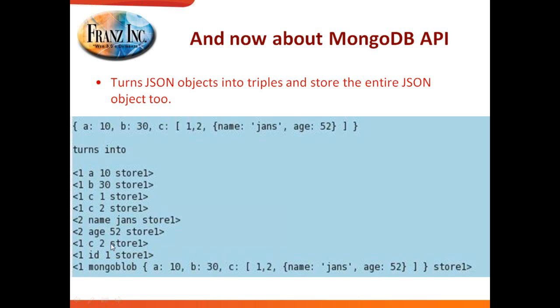But for fast retrieval, if you just want to say, give me all the objects where A is 10, then instead of reconstituting the entire Mongo object from triples, we also store the JSON object as a blob itself. So we also store the whole document. So for retrieval, you very quickly get the stuff back.